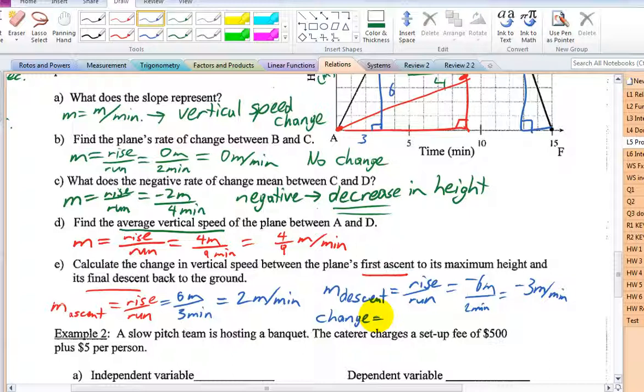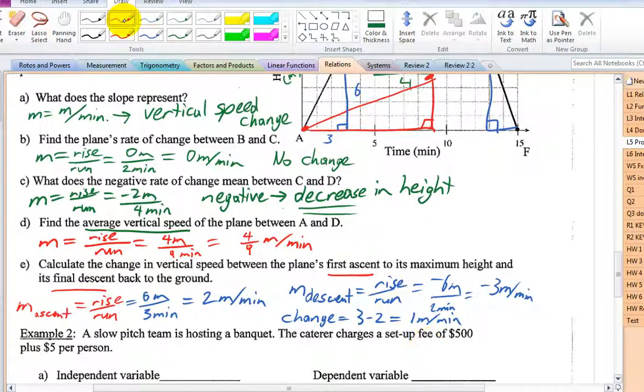What do you guys think? Do we worry about the negative sign? Not at all. What's the negative sign telling us? The direction of the line, the direction of the slope. So the change is 3 minus 2, which is 1 meter per minute.